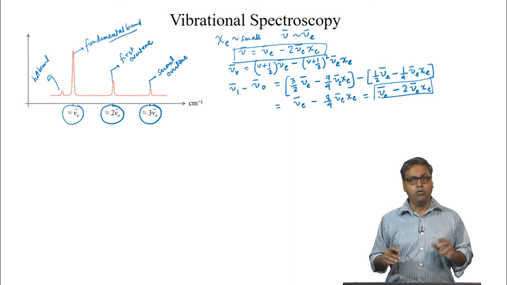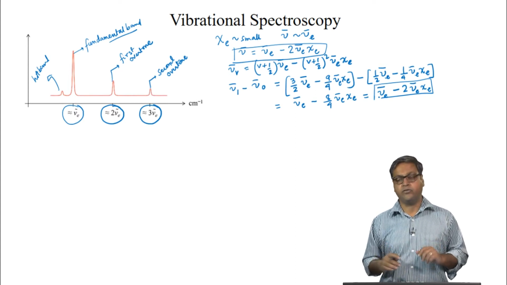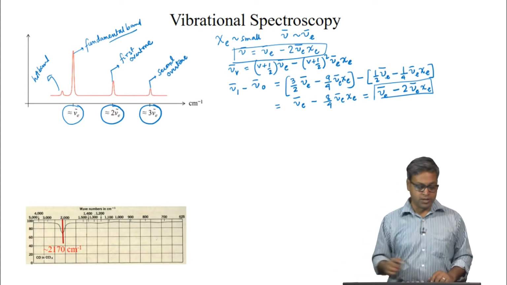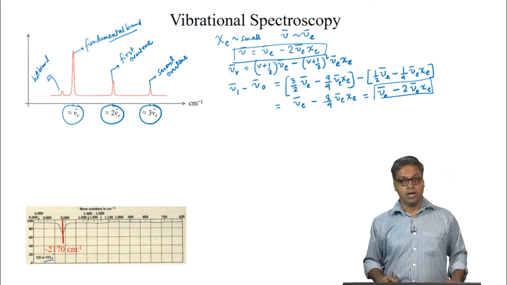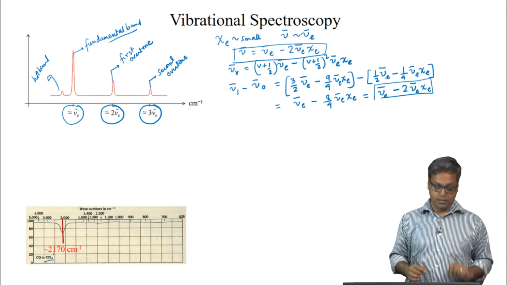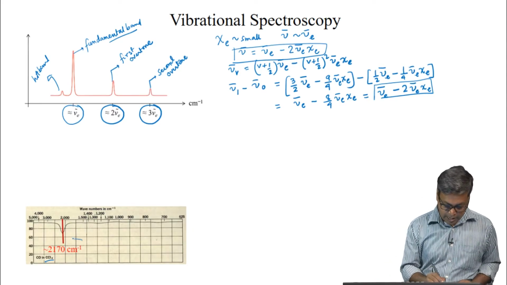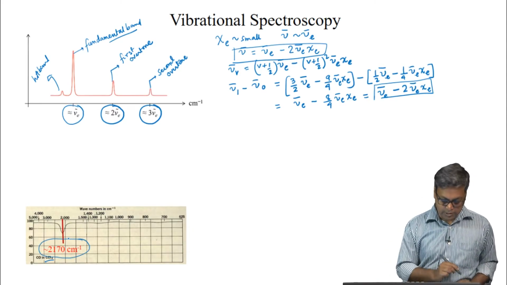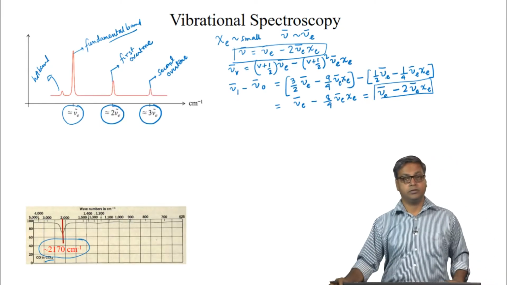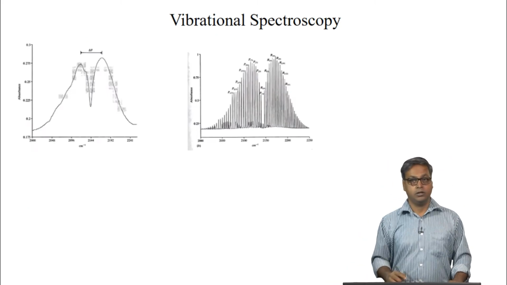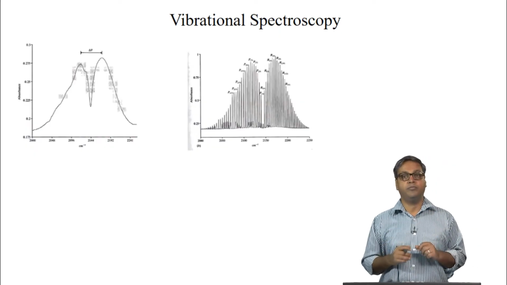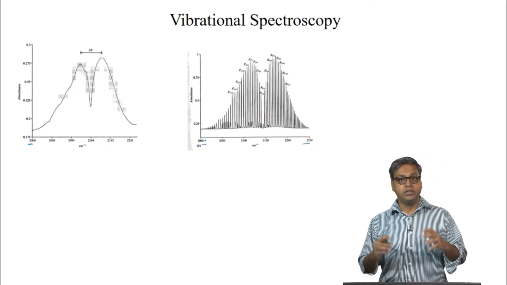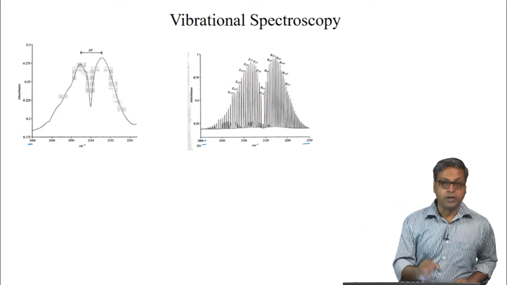Let us now look at the IR spectrum of carbon monoxide dissolved in CCl4. The fundamental band appears at 2170 wave numbers. However, if we look at the carbon monoxide spectrum in the gas phase, we see these kinds of spectra.